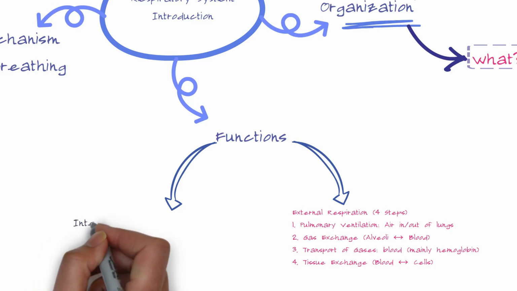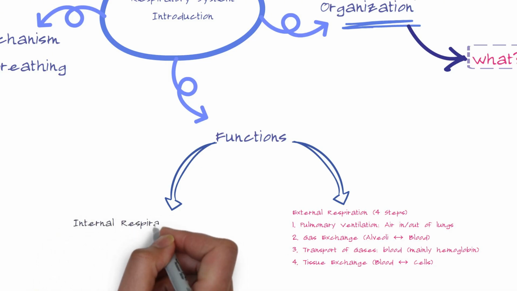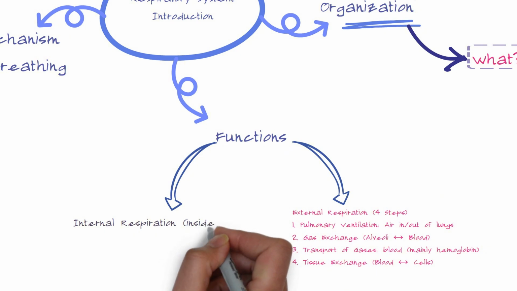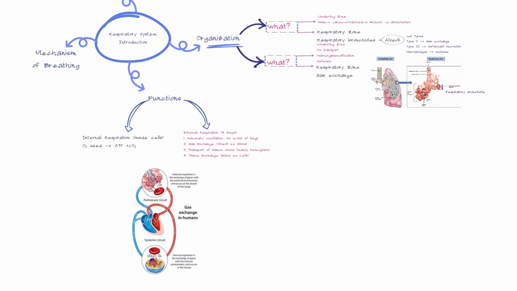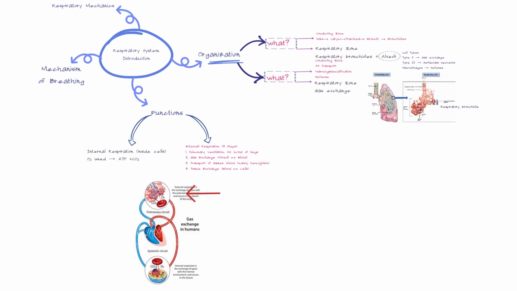Here the mitochondria use the oxygen to produce ATP and carbon dioxide. So the complete respiration starts with pulmonary ventilation, alveolar exchange, transport via hemoglobin mainly but not only, tissue exchange again, and ATP production, which is the internal respiration.